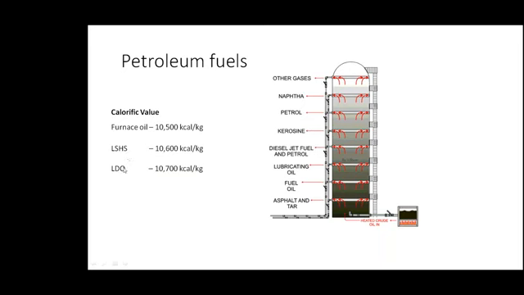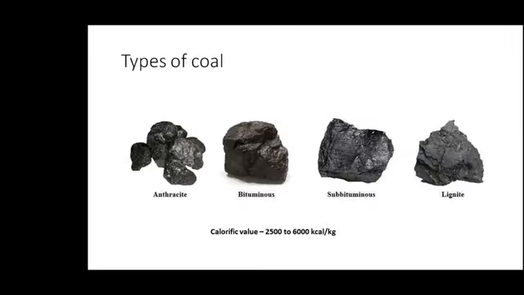We use diesel, called light diesel oil, LDO. The LDO itself is slightly mixed up with furnace oil, a mixture of diesel and furnace oil. But otherwise, diesel also is used as a fuel in the industry when the application is small or requirements are minimal.